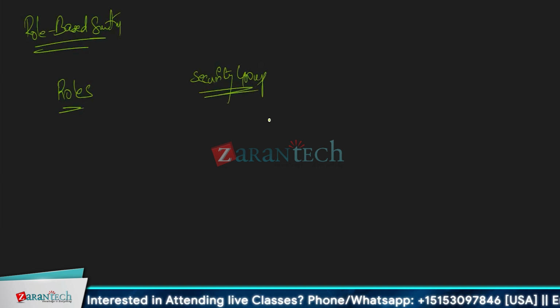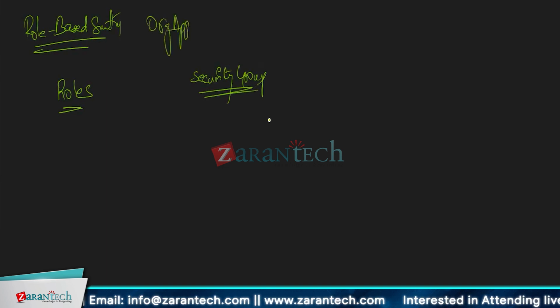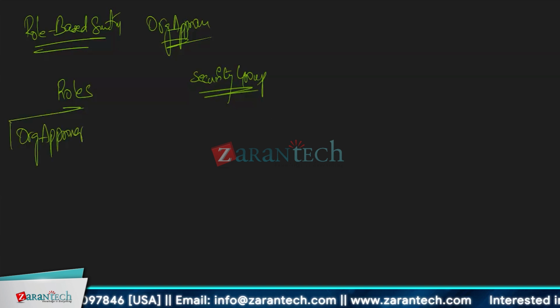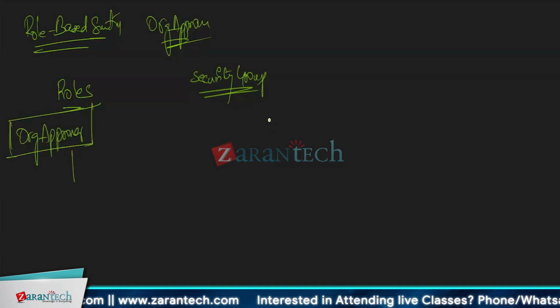Manager is actually a delivered role, but let's say you wanted to create a custom role like org approver. Suppose org approver is a role that you want to create. What you'll do is first create a role called org approver, and then you will define where these roles can be assigned.